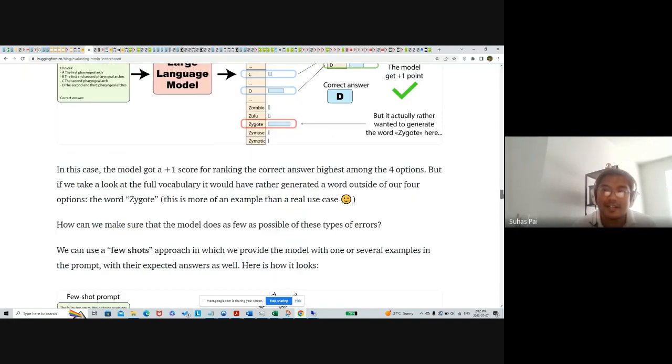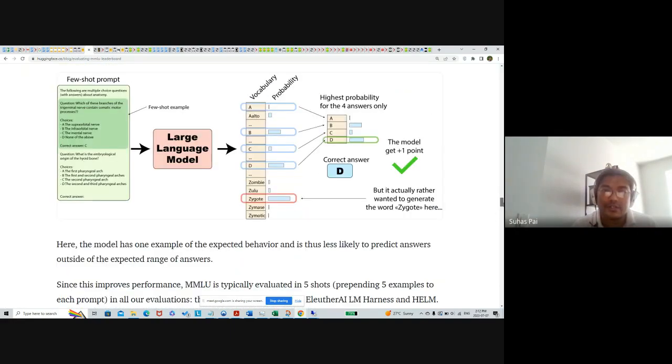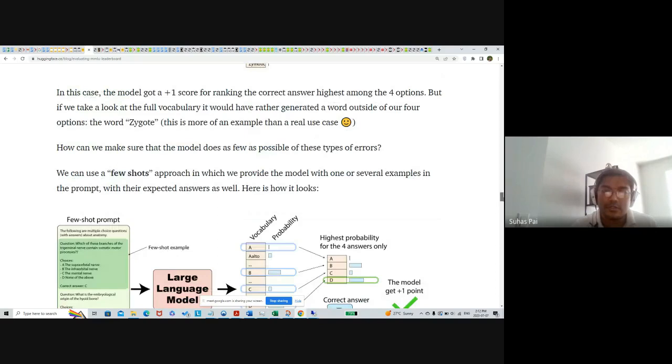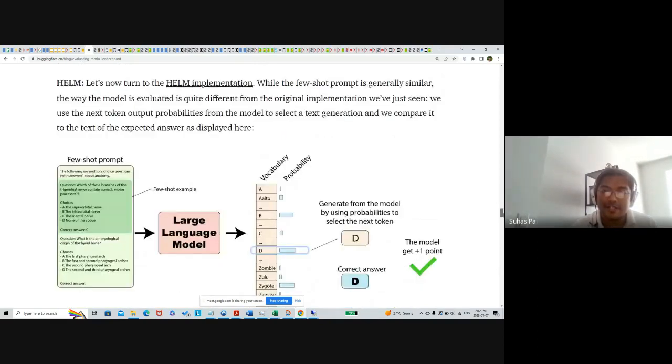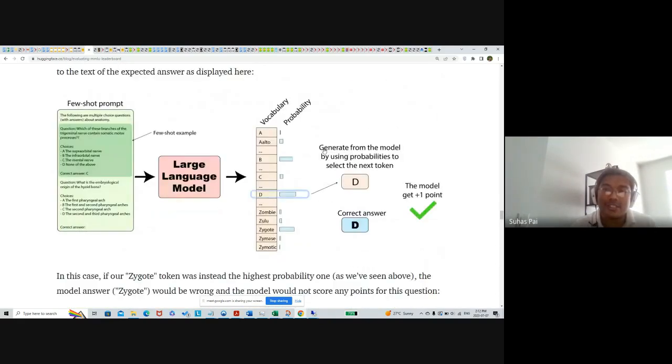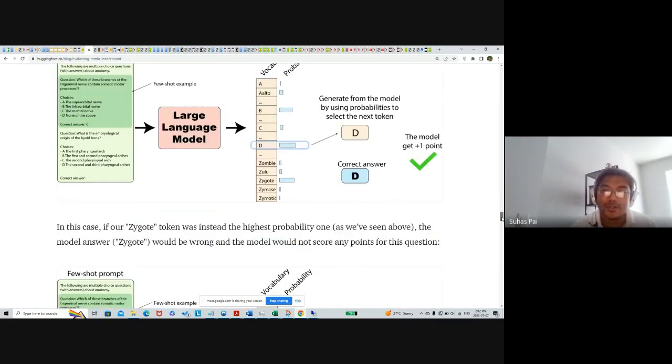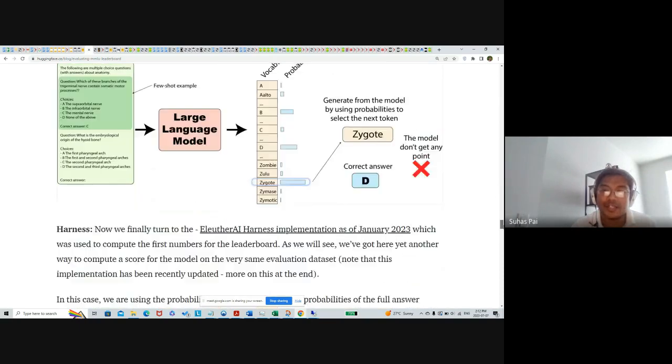But on the other hand, you can do it in another way, where from the model you use generation, you select the next token and then find what the next token is.